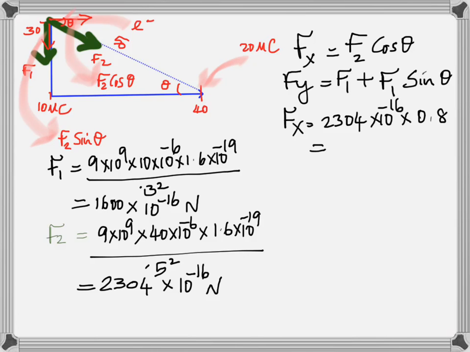And cos theta is 0.8, isn't it? Because cos theta is 4 divided by 5, it will be 0.8. So that's how that comes. So that's Fx, uncorrected. Then Fy is F1 plus F2.